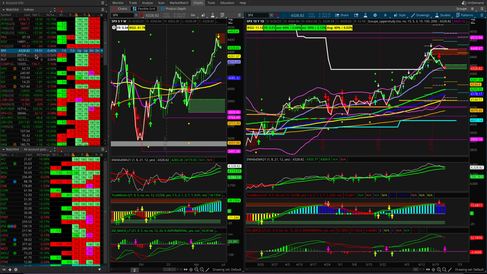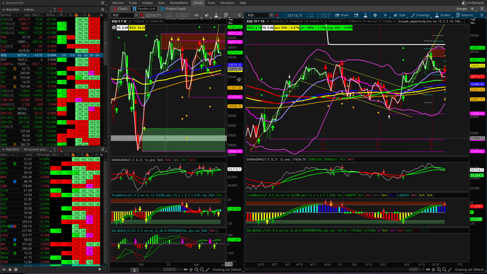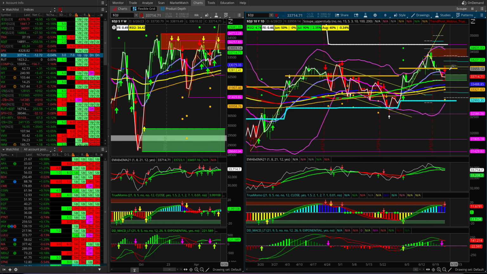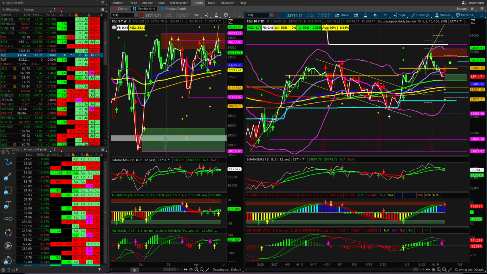So the Dow Jones Industrial Average has downward signals the last couple days, and we're in this zone that I'm also considering. And for what it's worth, this red area and this green area, those are automatically drawn pivot areas.